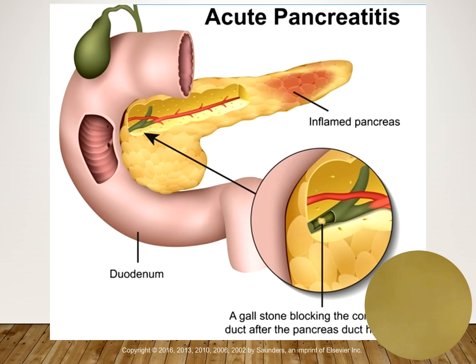They can include hyperglycemia, diabetes mellitus if there's total destruction of the pancreas, pancreatic infection, hypovolemia, hemorrhage, acute kidney failure, paralytic ileus, hypovolemic or septic shock, pleural effusion, acute respiratory distress syndrome, pneumonia, or atelectasis, multisystem organ failure, disseminated intravascular coagulation, DIC, and diabetes mellitus.